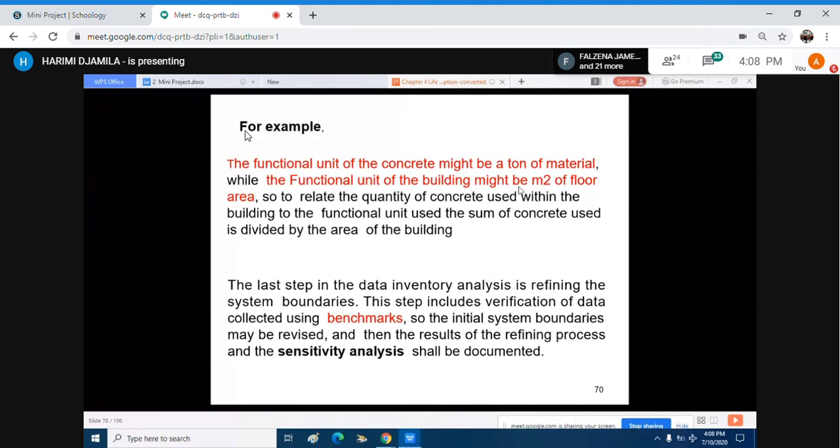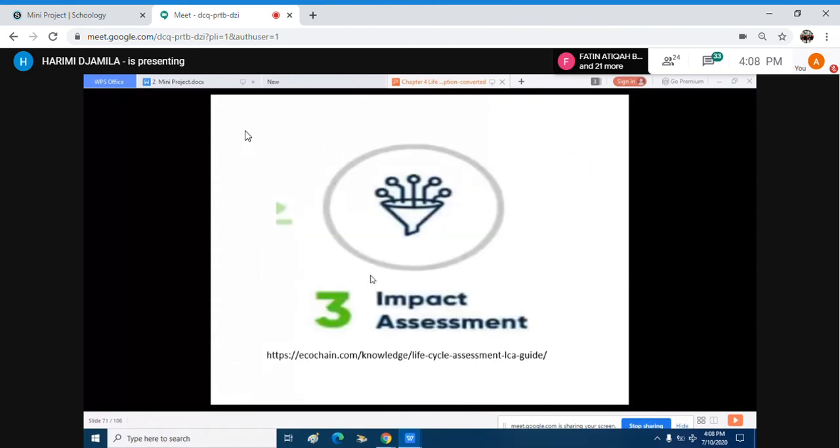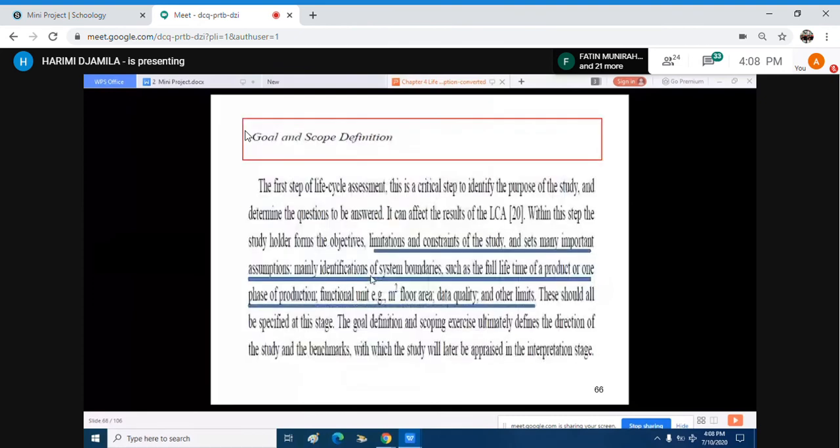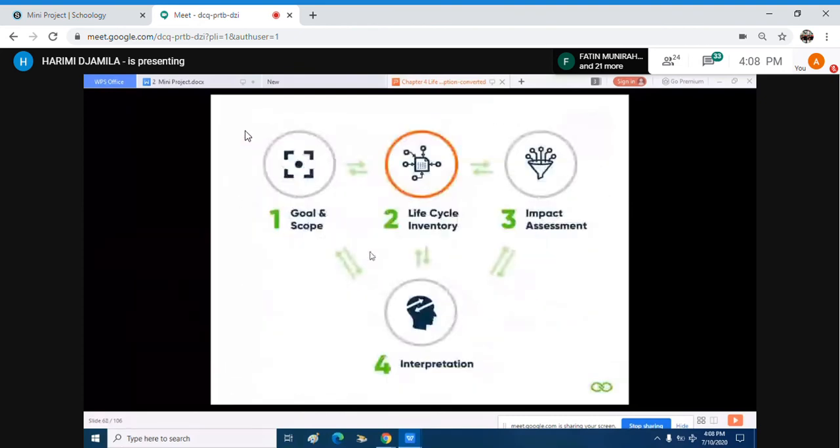This was some explanation about functional units. Okay, so I just explained briefly, so you may refer later. So we have goal and scope, life cycle inventory, then impact assessment.